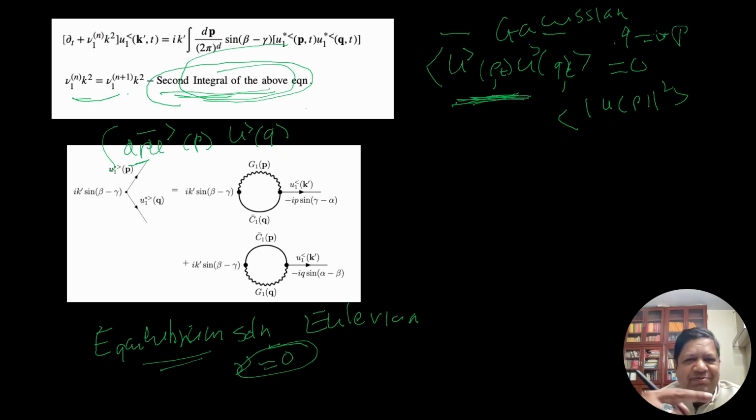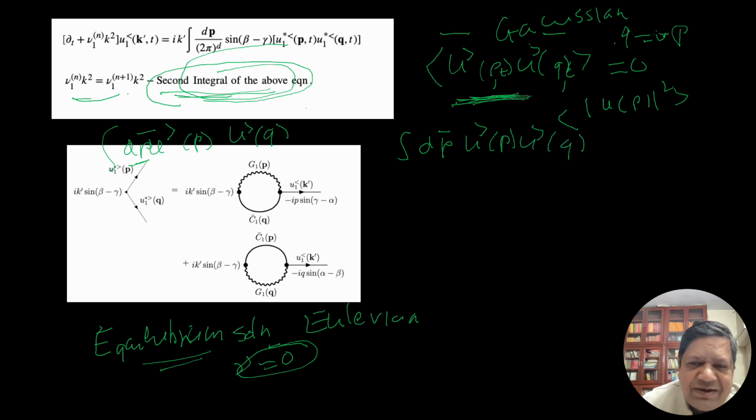That was in the previous slide. I can't go back, but that integral dp U greater P, U greater Q at the same time must be non-zero. And how do I show that is non-zero? To 0th order it is 0.